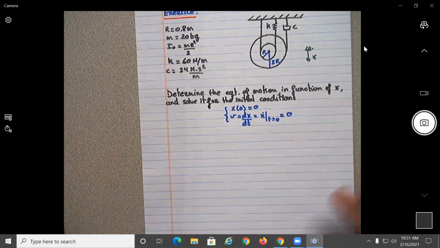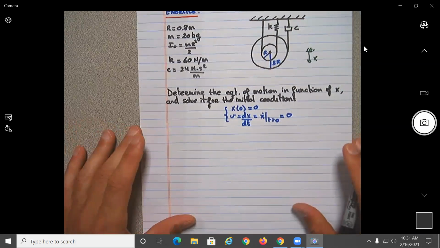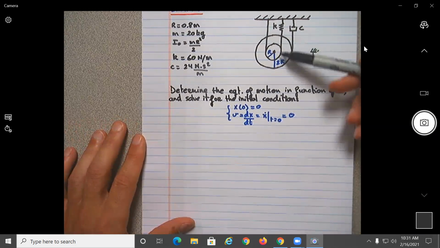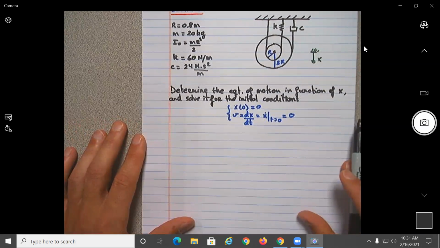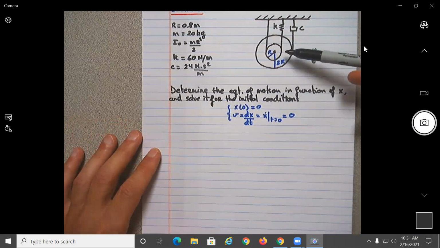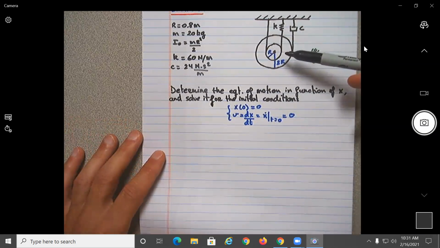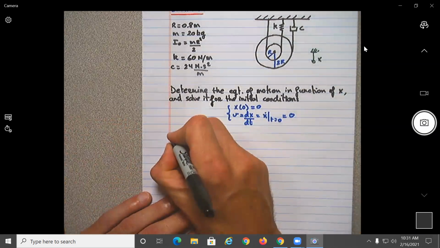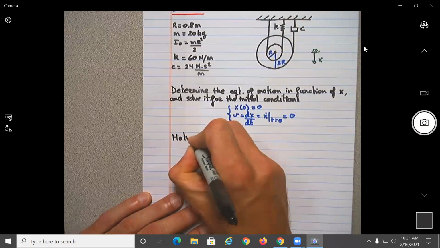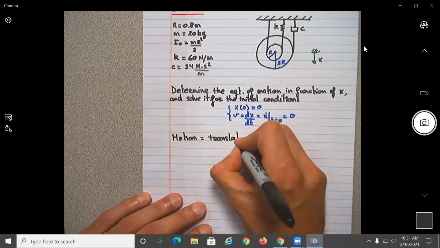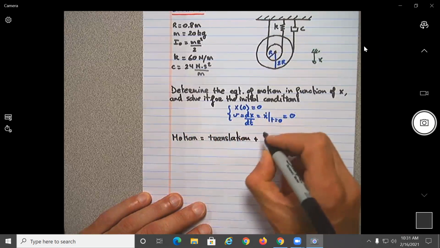So the way I solve these problems is always the same way. When I look at it, what type of motion is that pulley going to have? It's going to move in translation and rotation, no? So that means that in order to define the translation equation, we need to do the summation of forces equals to ma. And in order to define the rotation equation, we're going to have to apply the moment equation, no? So the way I do that in my head is motion for this problem is translation plus rotation.